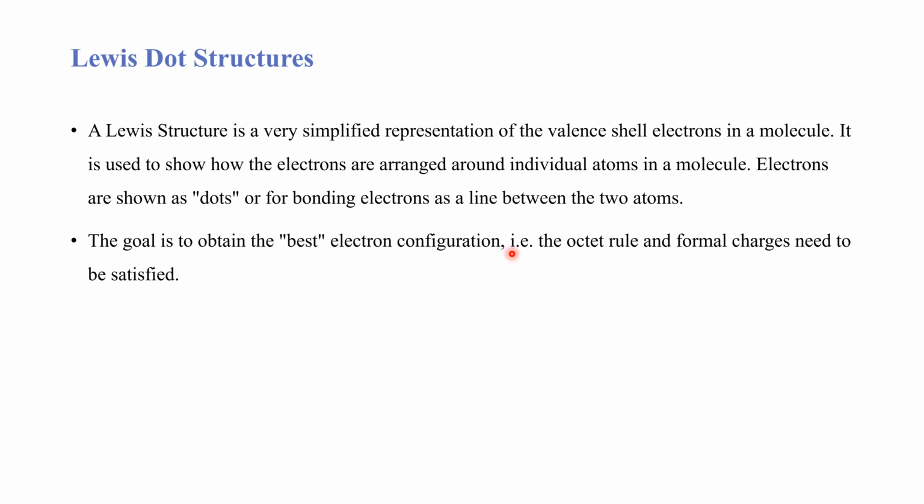Every atom is in an urge to attain its nearest noble gas configuration, and most atoms should acquire 8 electrons in the outermost shell. Remember, here we are not concerned about the whole electronic configuration; when we talk about the valence shell, we are concerned about the outermost shell. That outermost shell should acquire 8 electrons to complete its octet, and that is called the octet rule.